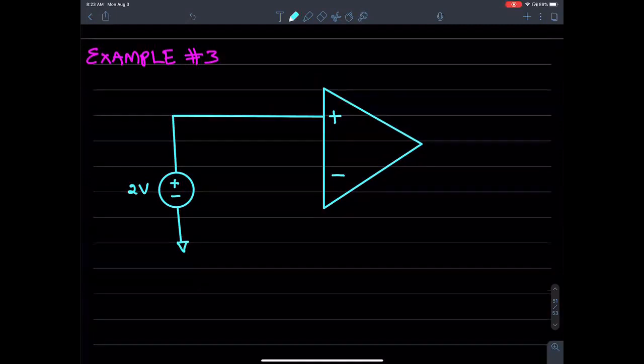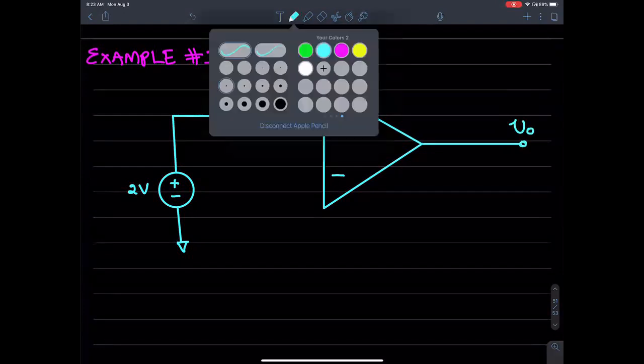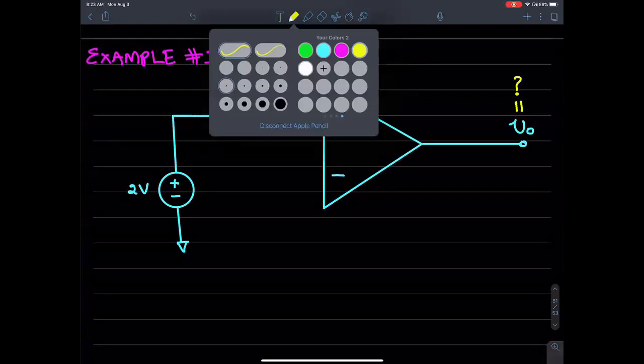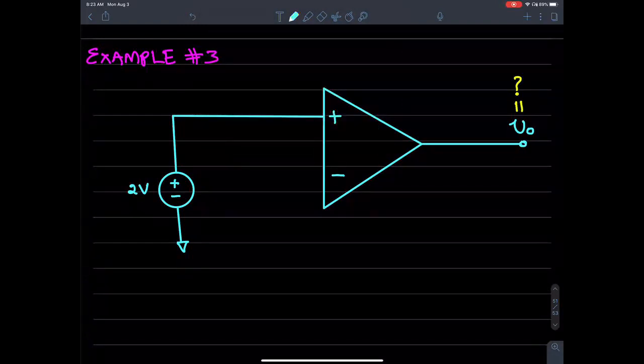Now, the output is over there. That's V output, and this is what we are supposed to find out. The problem is to find the value for V out, given that the negative terminal is connected in this fashion.